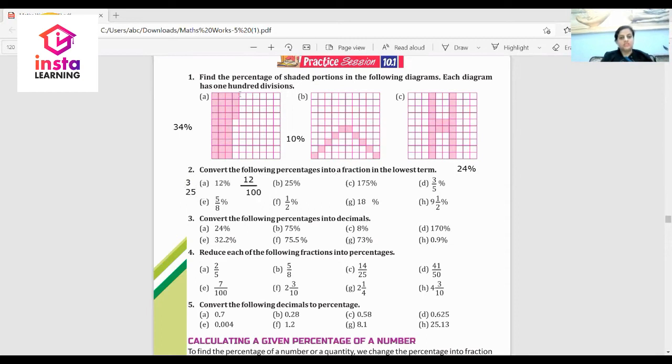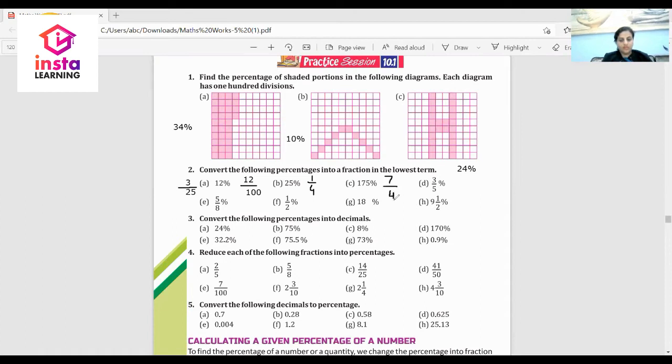Okay, just put the sign of fraction also. 3 upon 25 is the answer of this one. Now, 25 upon 100 is 1 upon 4. It is in the fraction form. 175 upon 100 is 7 upon 4.